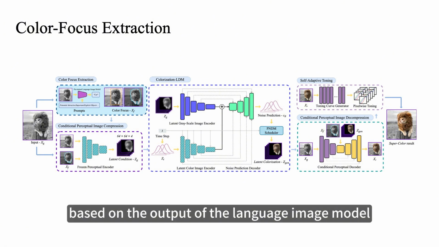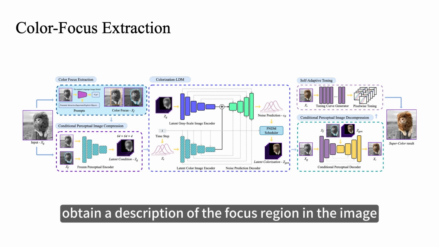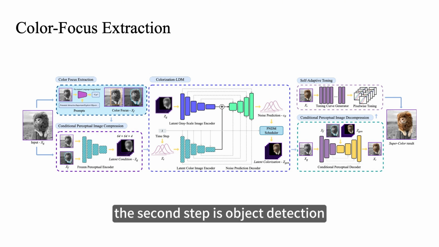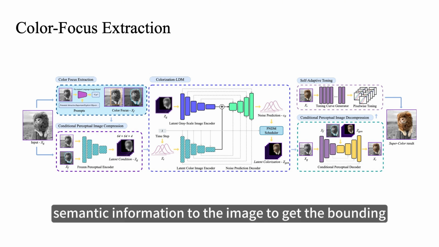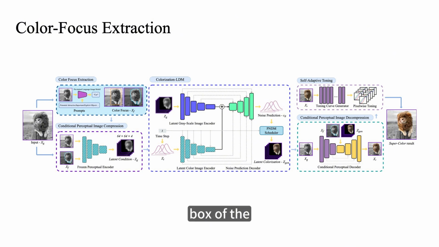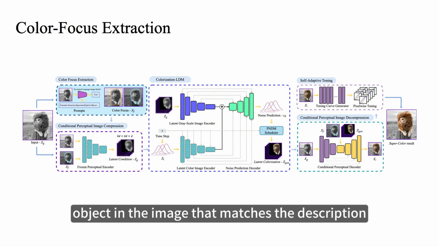Based on the output of the language image model, we can obtain a description of the focus region in the image. The second step is object detection with the above description. We use a pre-trained object detection model to detect the region of the image described as color focus. This step allows the transfer of highly abstract semantic information to the image to get the bounding box of the object in the image that matches the description.